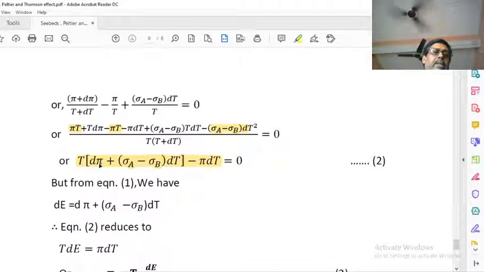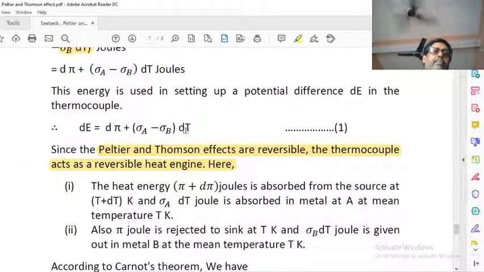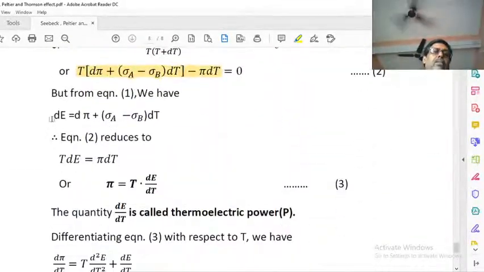What is under the bracket? d pi plus sigma, which is equal to dE. So we may write dE here, equation 2.